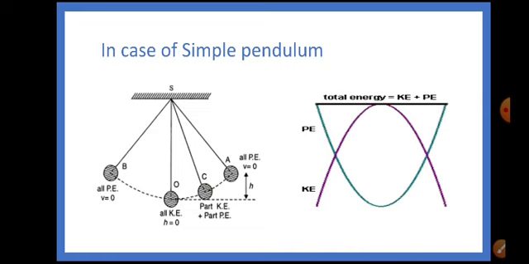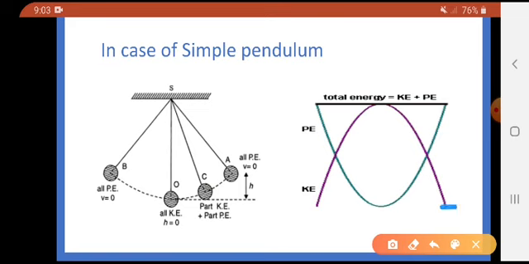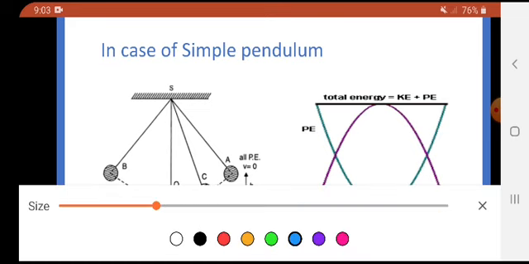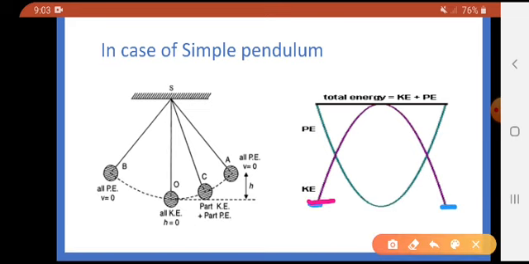At the extreme points, kinetic energy is minimum and potential energy is maximum. And at the mean position, kinetic energy is maximum and potential energy is minimum.